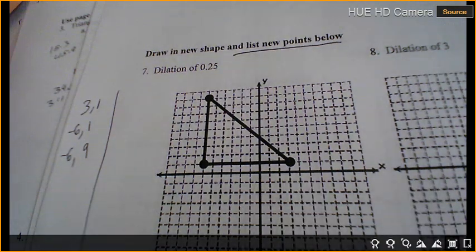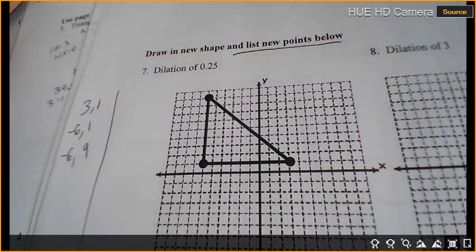Okay, we want a dilation of 0.25. That means what am I going to do to each of those numbers? Yeah.